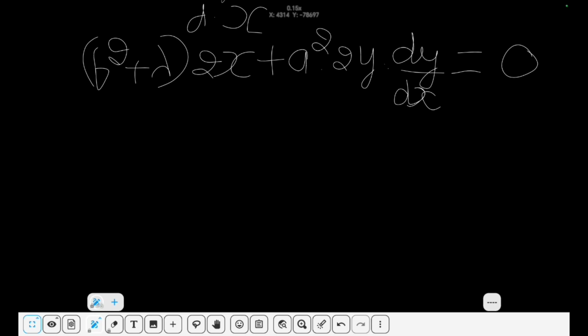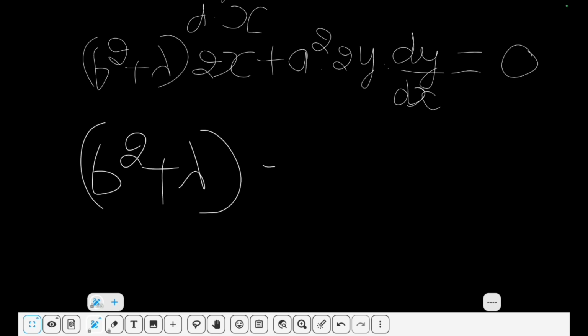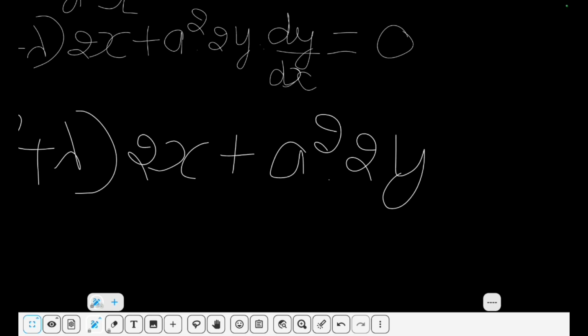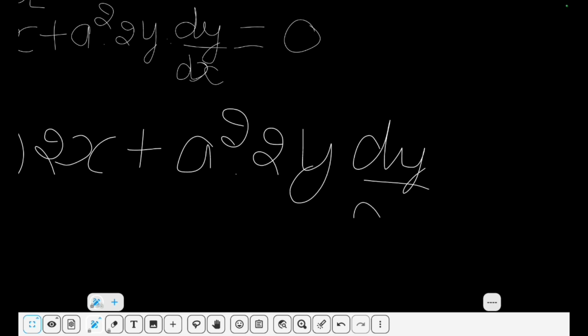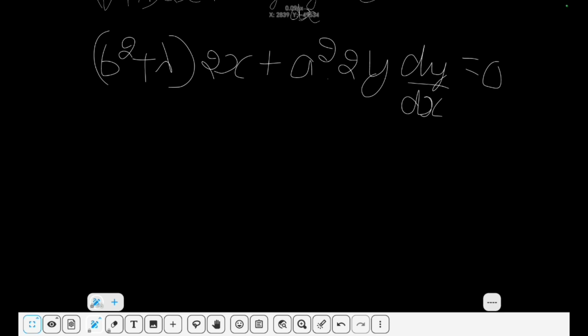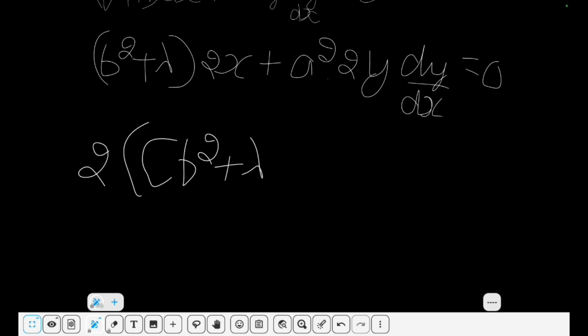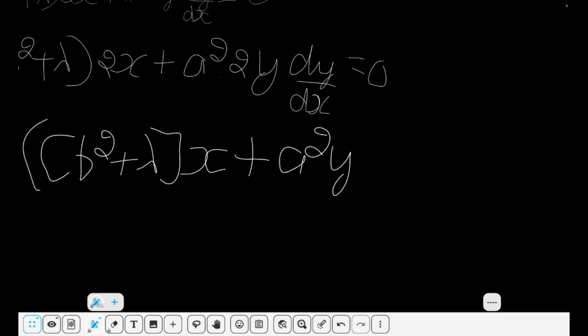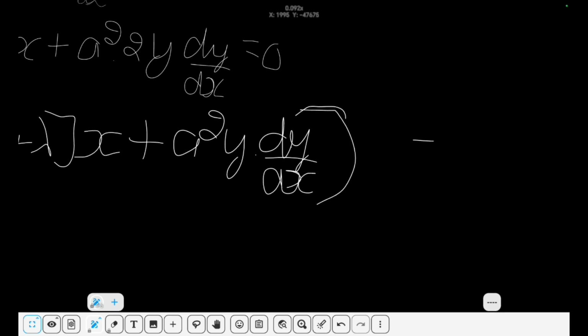Now let us simplify it. B square plus lambda into 2x plus a square into 2y, that into dy by dx, that equals 0. You can take 2 common, again 2 into b square plus lambda into x plus a square y into dy by dx, that equals 0.